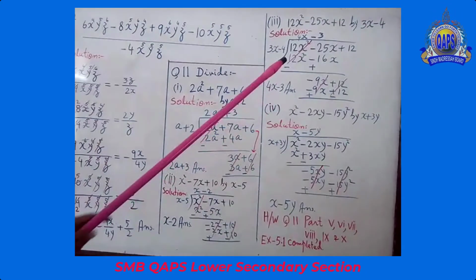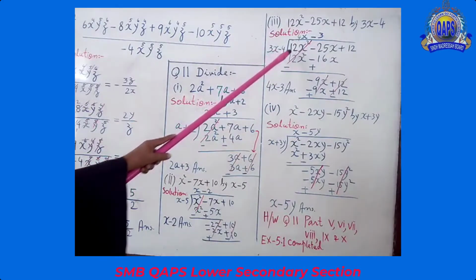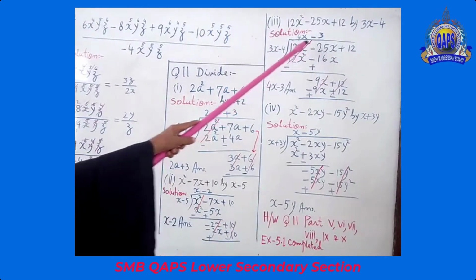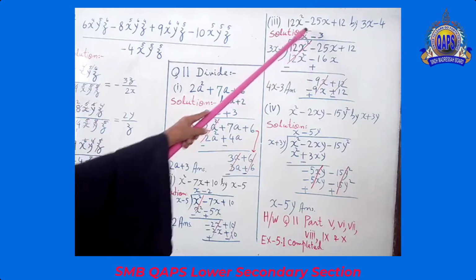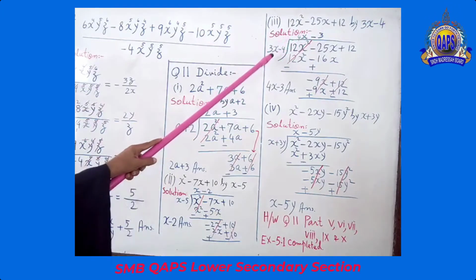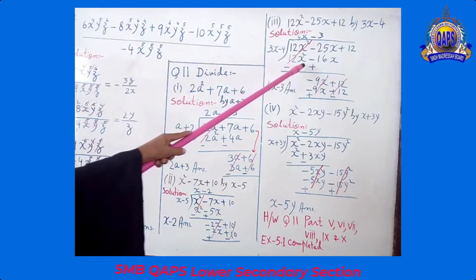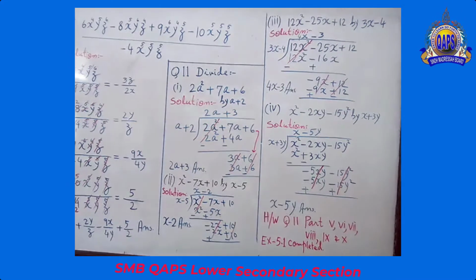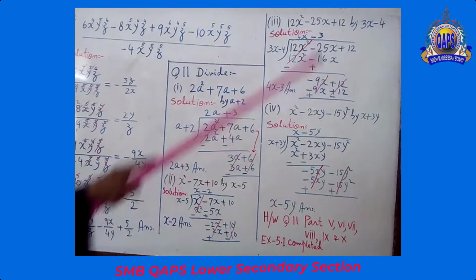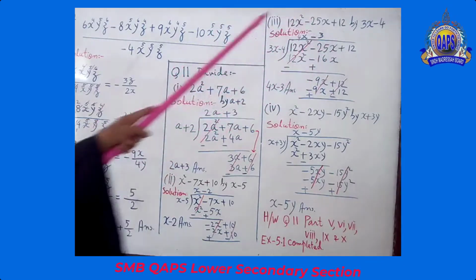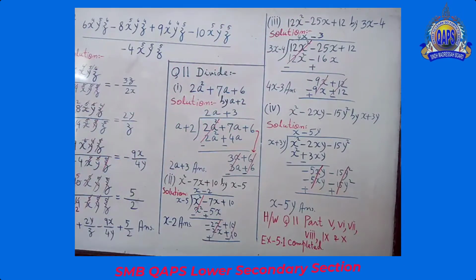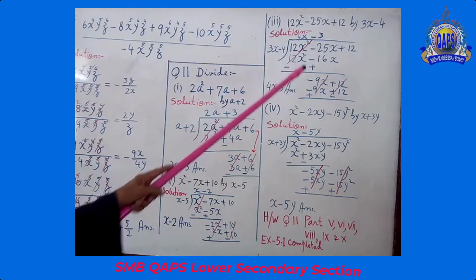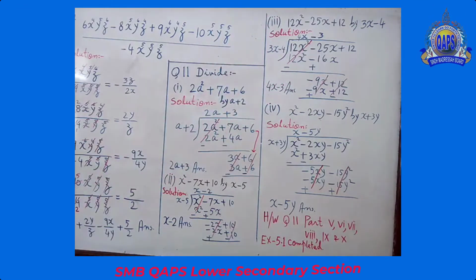This is 12x square so we will have to put 4x. When you will multiply 4x by 3x, it will be 12x square minus. Try to understand.